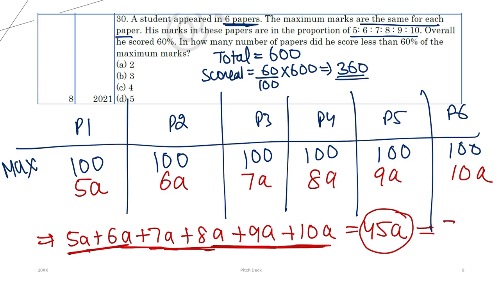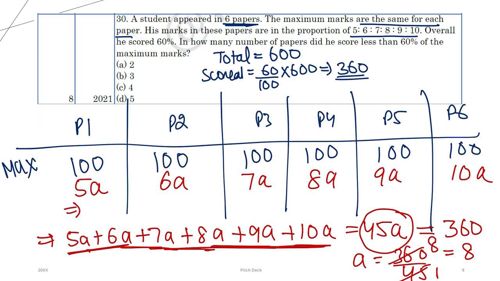So 45A is 360. A is what? 360 by 45. If we solve this, this will be 8. Right? You can solve this. So 45 8s are 360. So A is 8.